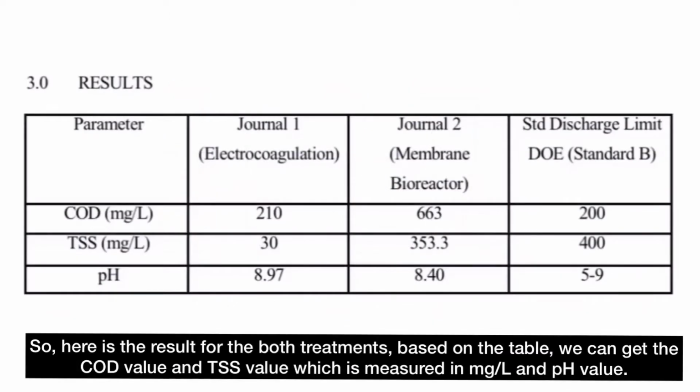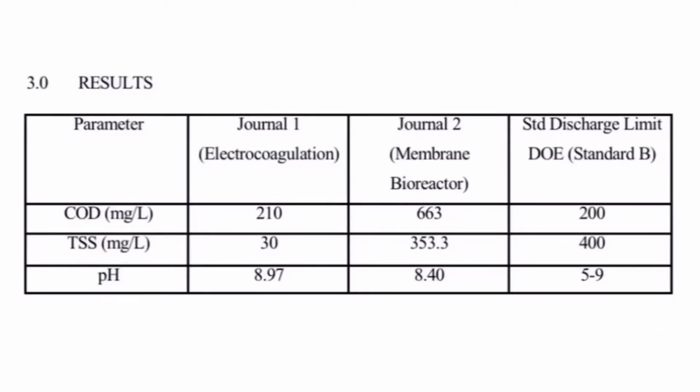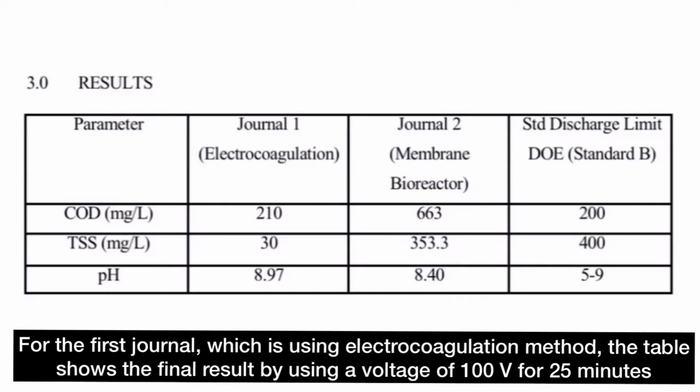So, here are the results for both treatments. Based on the table, we can get the COD value and TSS value, which are measured in milligram per liter, and the pH value. For the first journal, which is using the electrocoagulation method, the table shows the final result by using a voltage of 100 volt for 25 minutes.